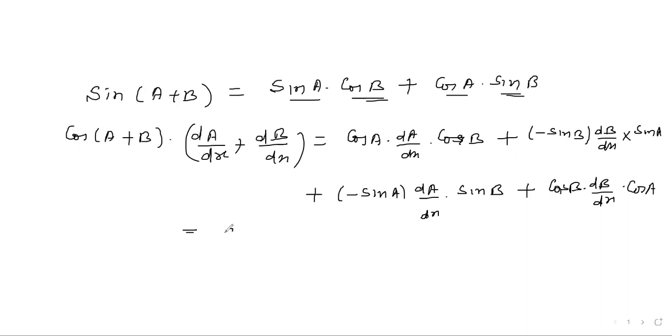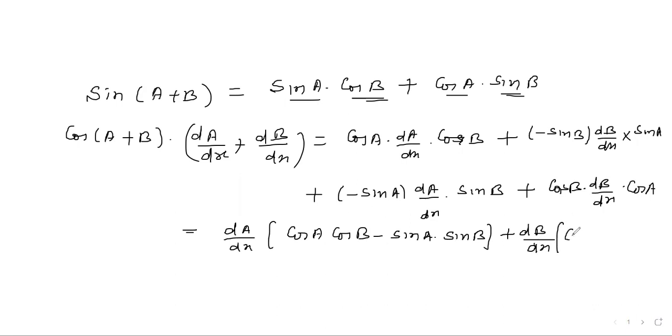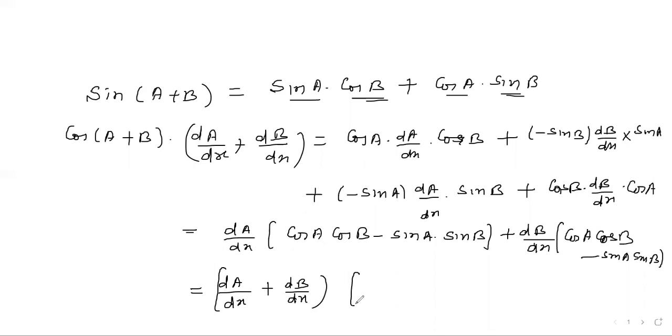Now what we do is take out dA/dx, then we get cos A cos B minus sin A sin B. And when we take out dB/dx, again we get the same thing, cos A cos B minus sin A sin B. So we can say that it is equal to (dA/dx plus dB/dx) times (cos A cos B minus sin A sin B).